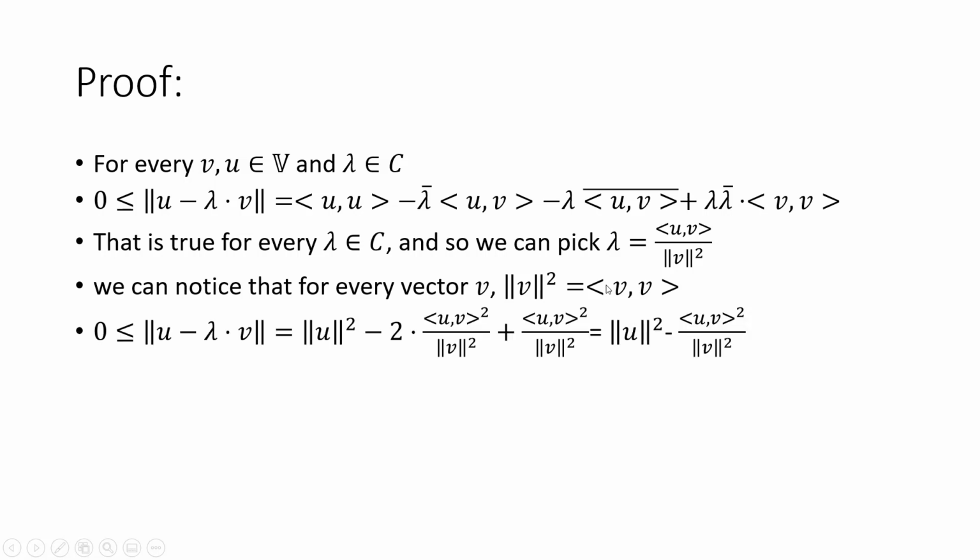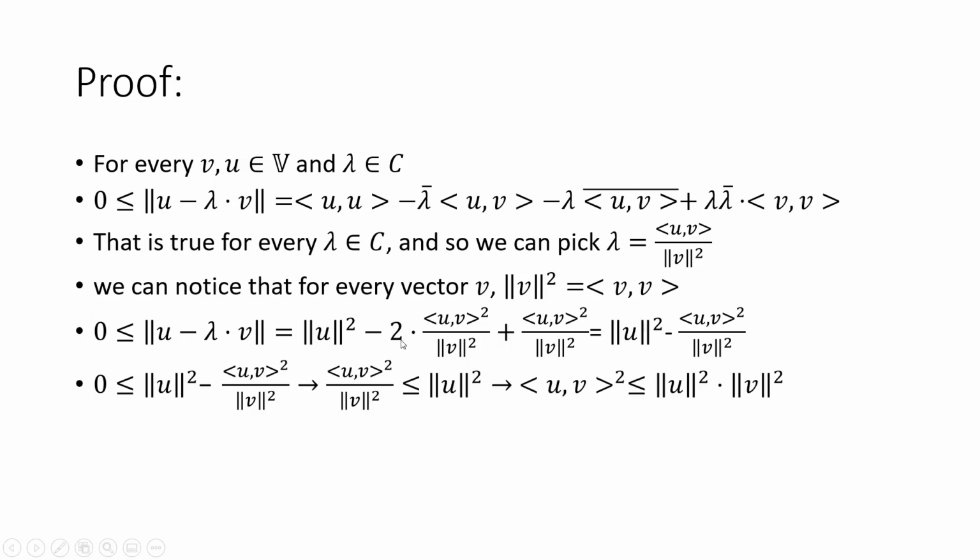And so, by plugging that in, we get that the induced norm of u minus lambda v is equal to the induced norm of u squared minus 2 multiplied by the inner product of u with v squared divided by the induced norm of v squared plus the inner product of u with v squared divided by the induced norm of v squared, and that is equal to the induced norm of u squared minus the inner product of u with v squared divided by the induced norm of v squared. That is because this part cancels out these two.